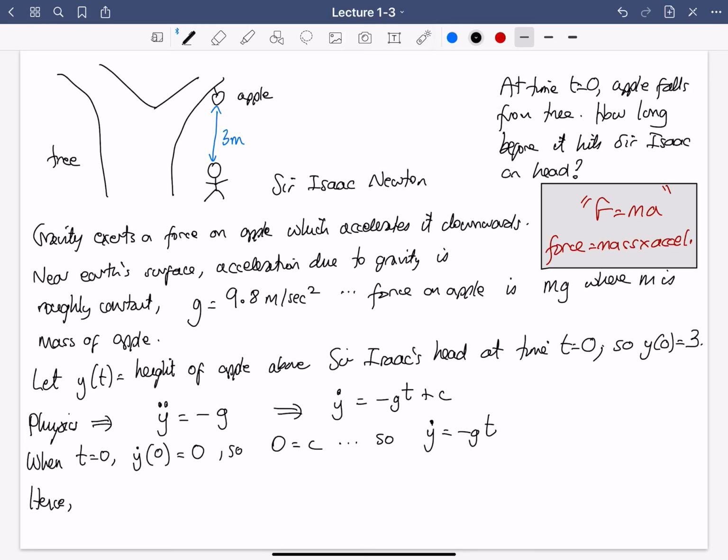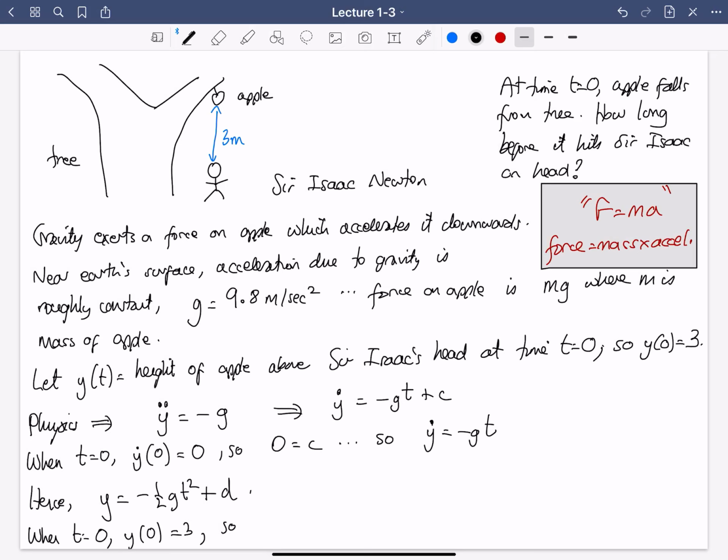Hence, now we've got to integrate one more time. We've got to take antiderivatives. y, which is what we're after, is an antiderivative of minus gt, so that's add 1 to the power, divide by the new power. t is the variable here, minus a half gt squared, plus some new constant d. But when t equals 0, we know that y of 0 equals 3.